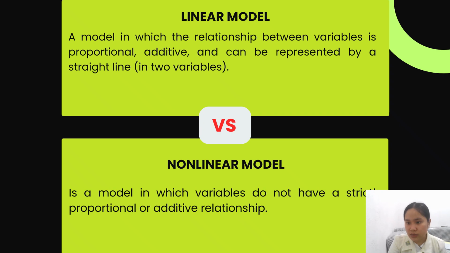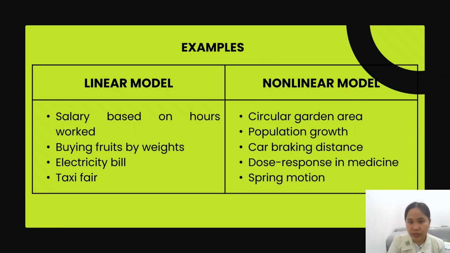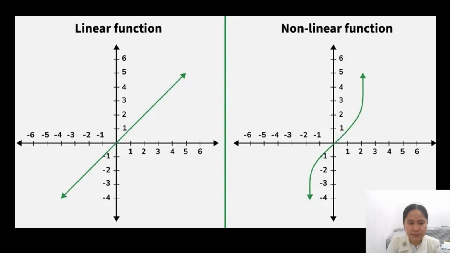So, mayroon ako ditong example ng model na to. Sa linear: salary based on hours worked, buying fruits by weight, electricity bill, taxi fare. Sa nonlinear naman: circular garden area, population growth, car braking distance, dose response. So, ito nga yung illustration ng dalawang model.